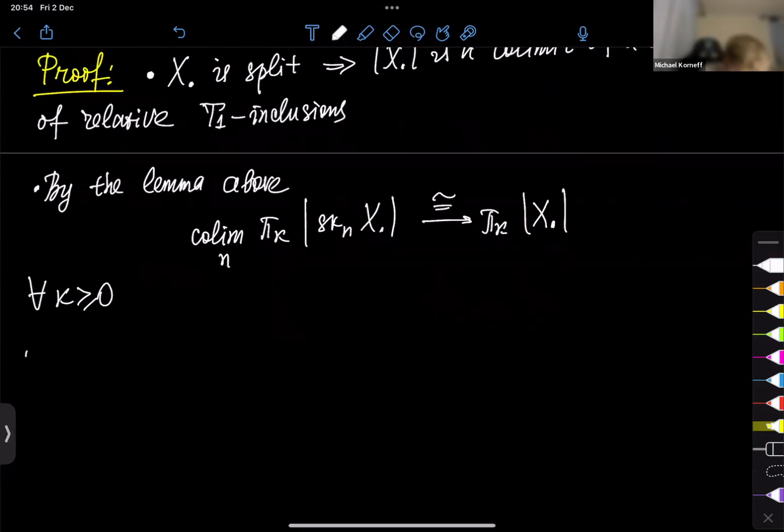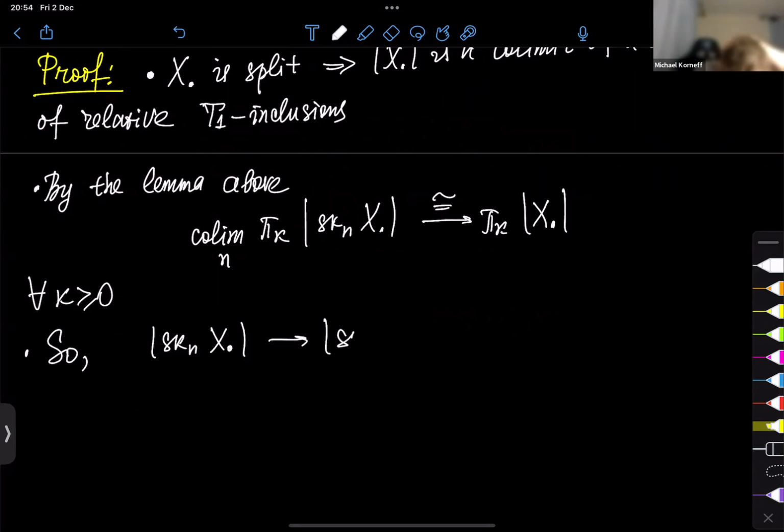So it suffices to show that the maps are weak equivalences by induction.